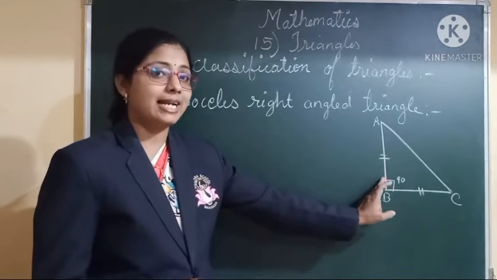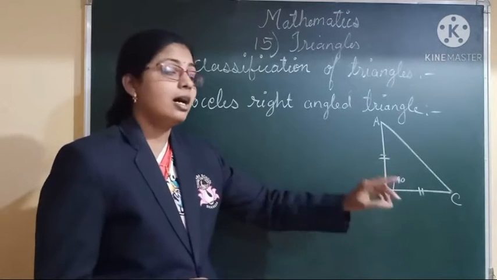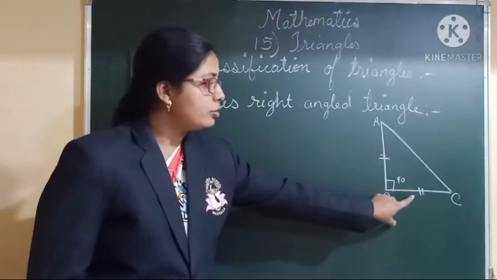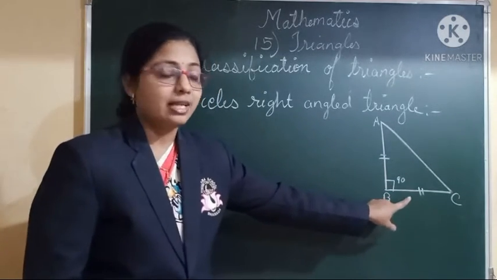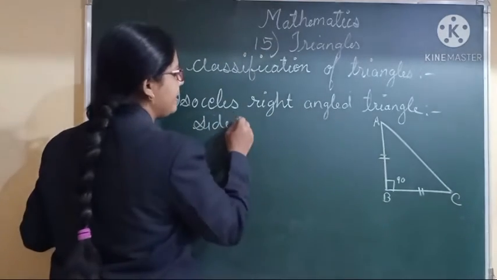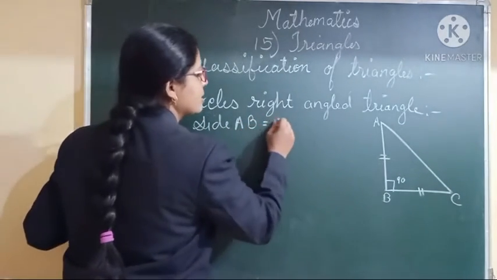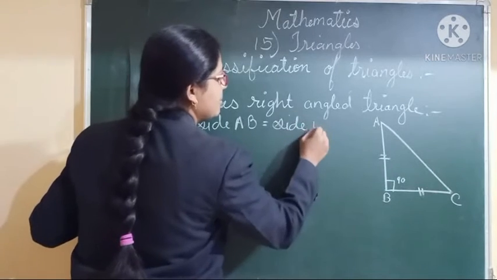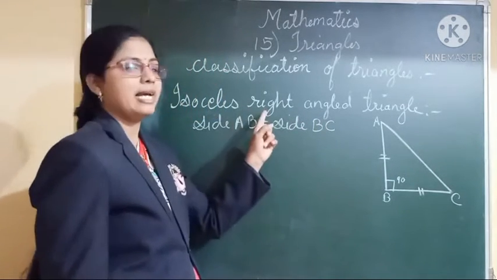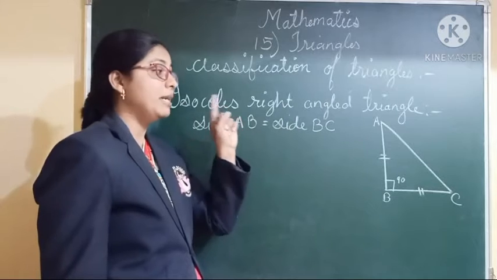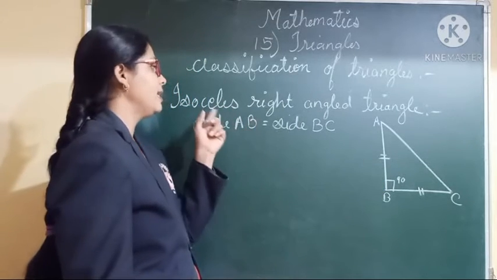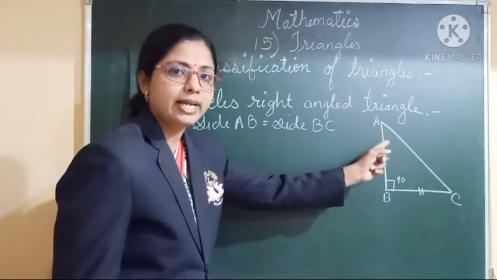That means it is a right angle triangle. One more thing to observe in the diagram is the equality of two sides shown there. That means side AB equals side BC. That is why it is known as an isosceles triangle, but since it shows a 90 degree angle, it is known as an isosceles right angle triangle.